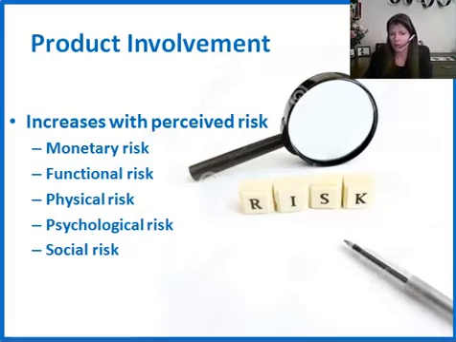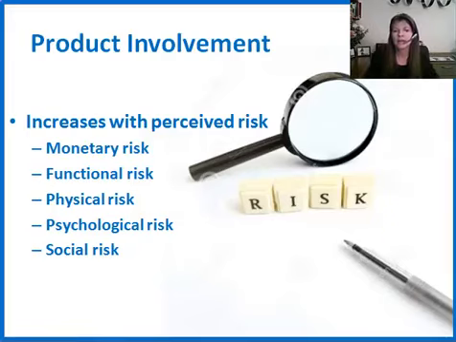And then social risk is embarrassment with your reference group, the group that you truly belong to, that you want to belong to, that you feel you're a part of. Different companies and different products have different status, like clothes or houses that we live in, neighborhoods we buy property in, cars that we drive.